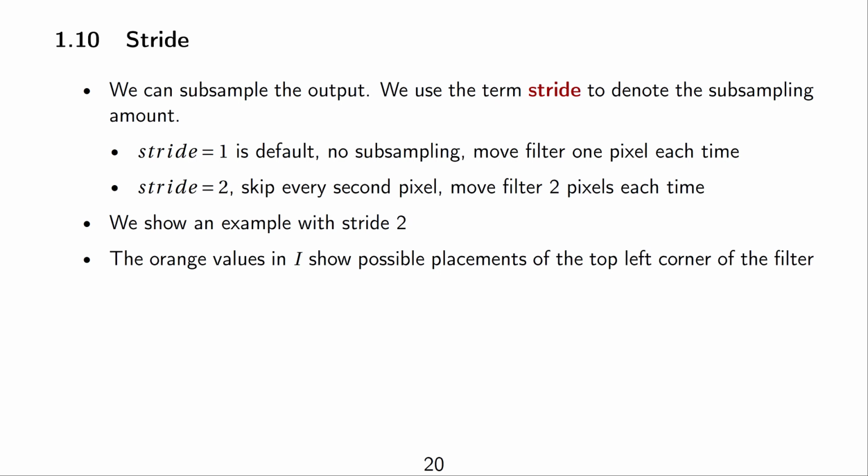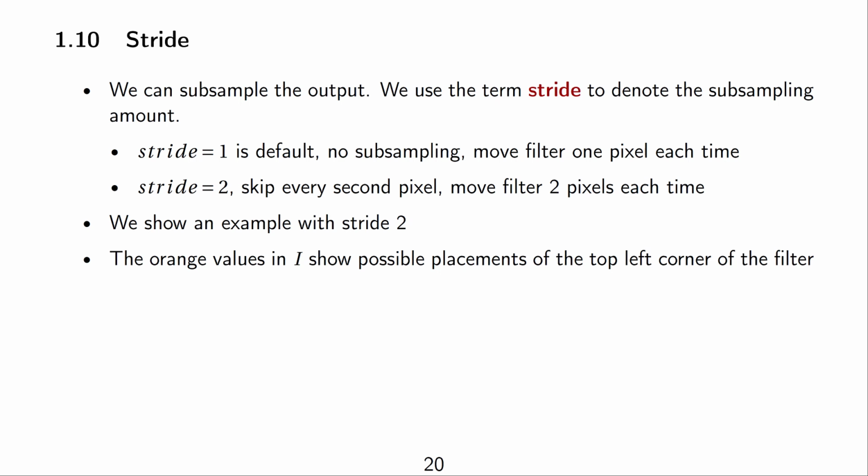One parameter to configure the convolution is stride. We can subsample the output before or after. So conceptually, after you do the convolution, but computationally, of course, you just compute the convolution values only for specific locations that are fewer than all the locations.